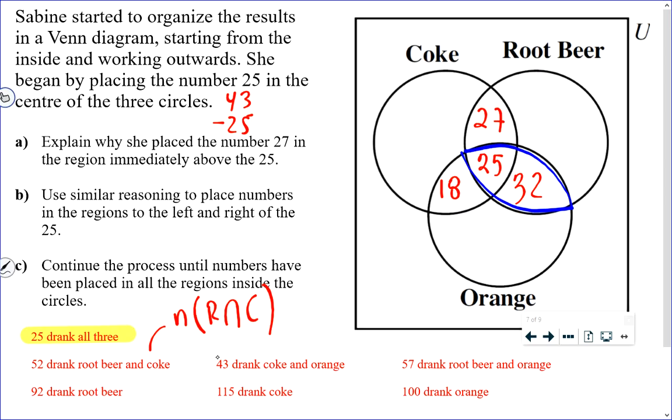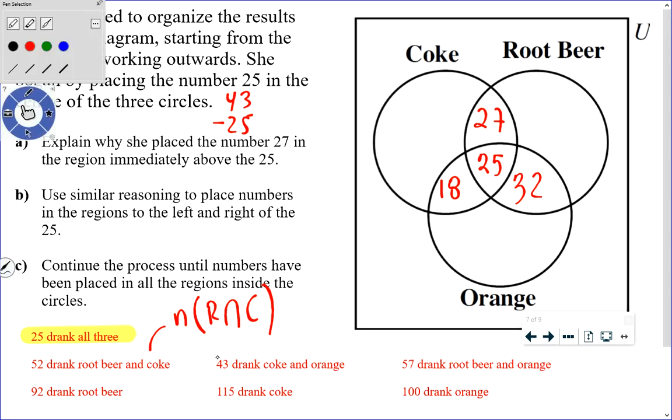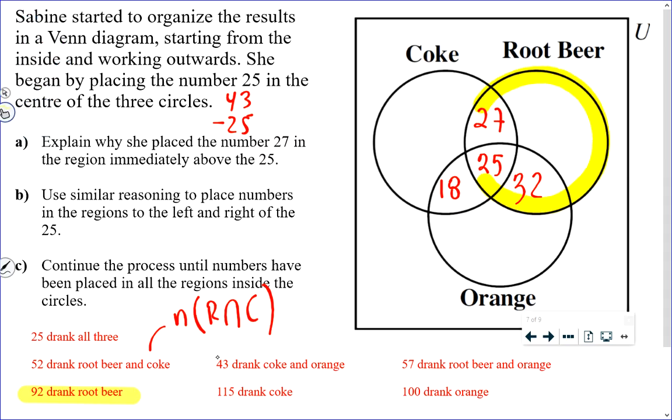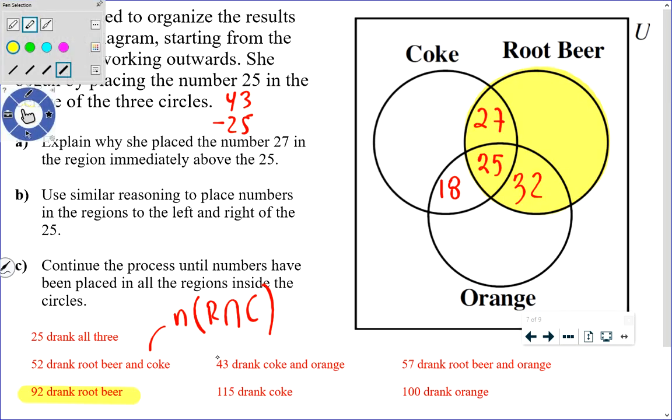Yes. So now we move on to the next part, which is that 92. The particular colors I'm using to highlight don't mean anything at this point, okay? 92 drank root beer. What this means is that this set has to contain 92. Because 92 drank root beer. So what we need to do is find out what number to put here so that it all adds up to 92.